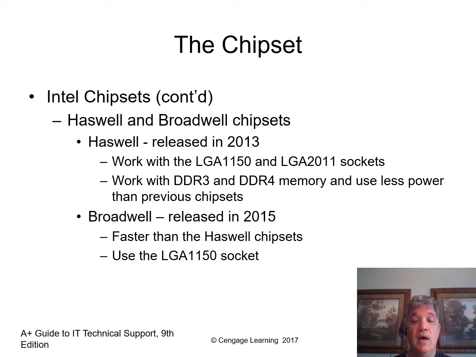Okay. Haswell and Broadwell chipset. So we're getting a little earlier. Each one of these chips is a family, and again, these are chip families. If we look at Haswell and Broadwell, each one is providing additional tweaks. With Haswell, for example, it uses less power than Sandy Bridge.